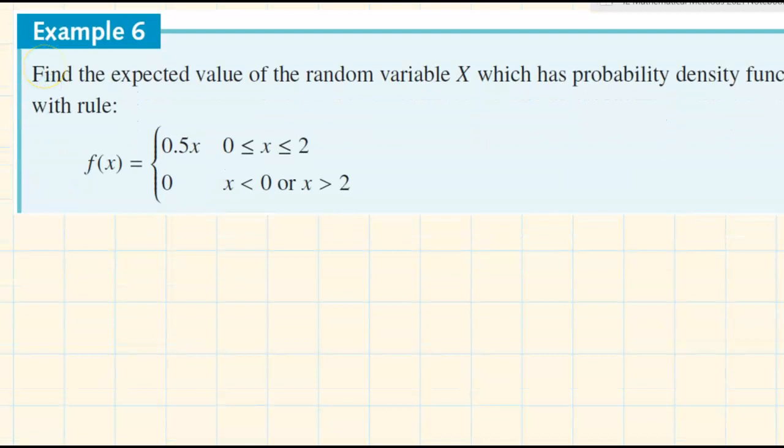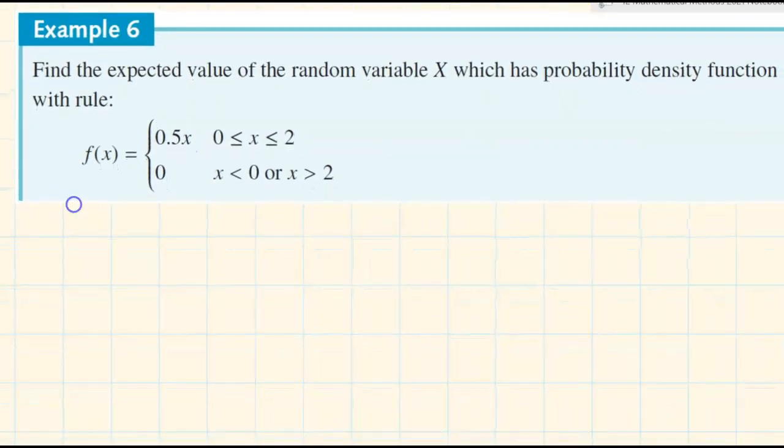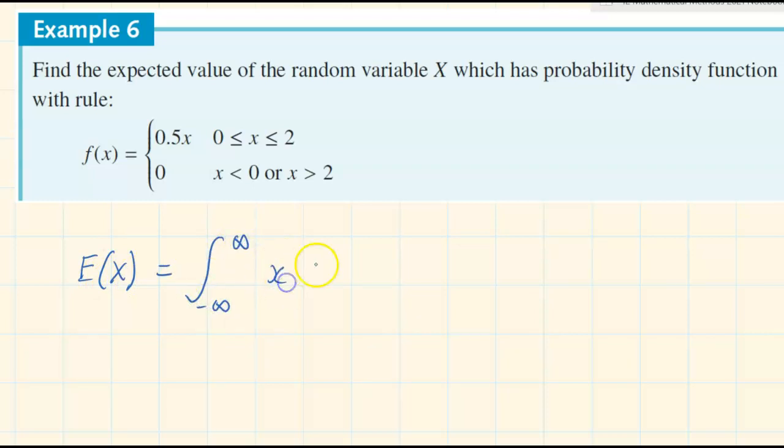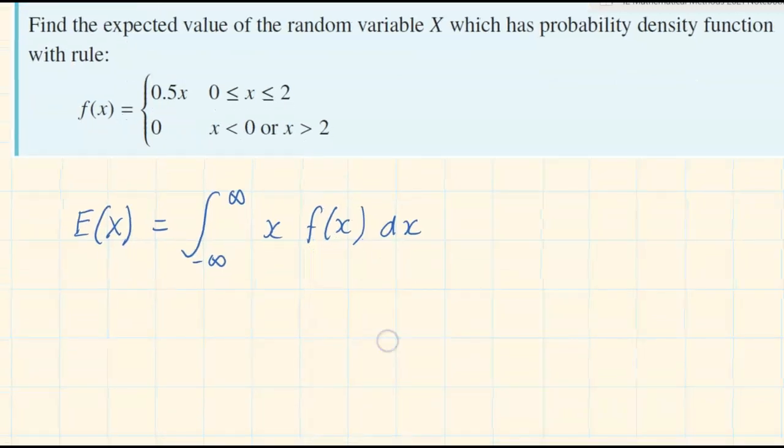So here we go. It says find the expected value of the random variable X, which has the probability density function given there by that rule. So we know now from that formula the expected value of X is given by the integral from negative infinity to positive infinity of X times f of X, all with respect to X. What domain has been given for this function?